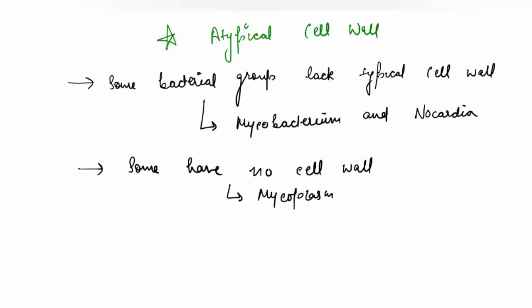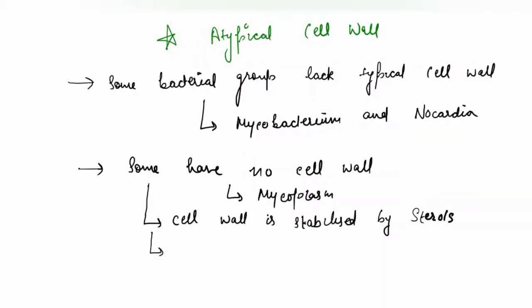But what they do have is an outer surface made up of sterols. That's not the actual cell wall. Their outer membrane is stabilized by sterol. And they are pleomorphic, as they do not have a proper skin-like or wall-like structure, so they can change their shape easily.